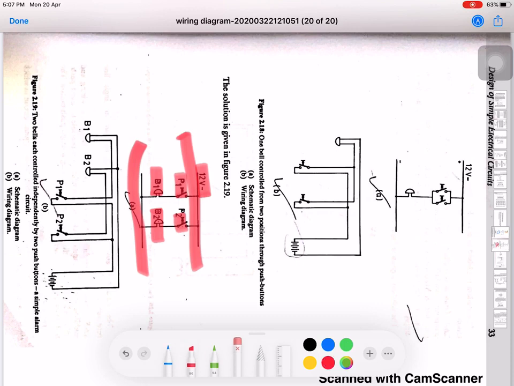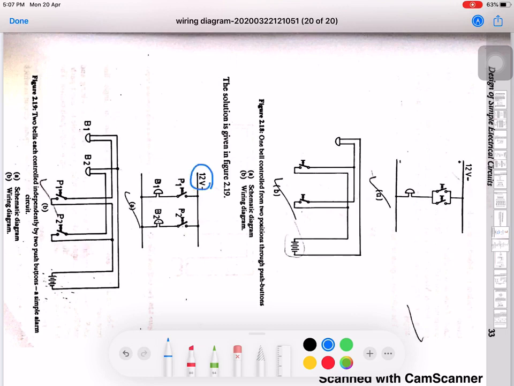So this figure was a schematic diagram, and the wiring diagram for this is: this battery is represented over here. These two push buttons are connected with this battery. Then these were further connected to the bells.